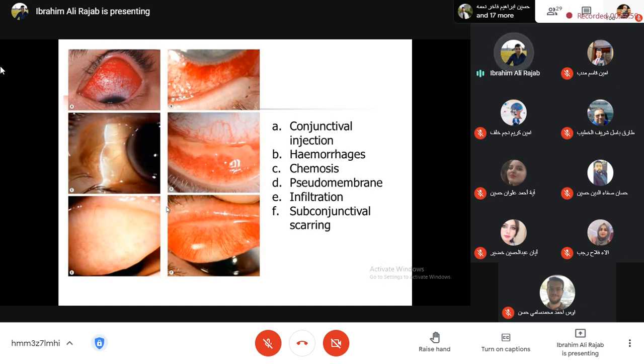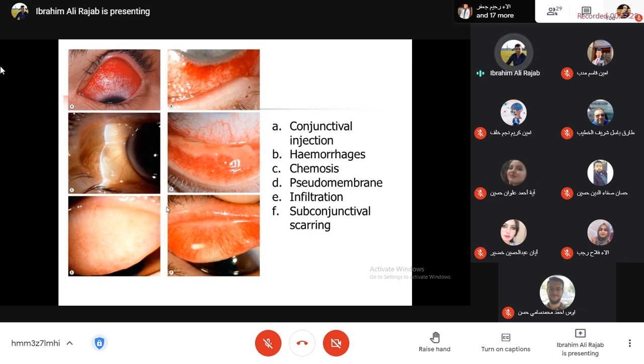Pseudo or true membrane, the differentiation between those two types of membrane is no longer beneficial. Previously, they thought that there was some cause that caused true, another cause just pseudo. But recently, they discarded this differentiation. They just say membrane. There is no significant difference between both of them.